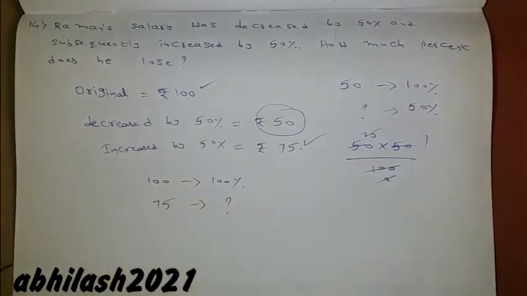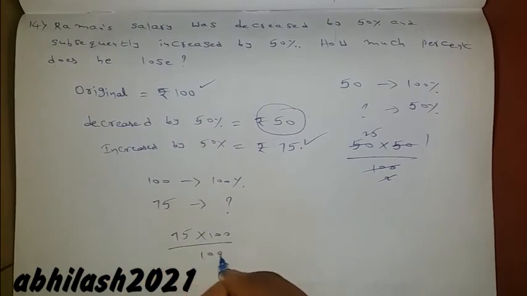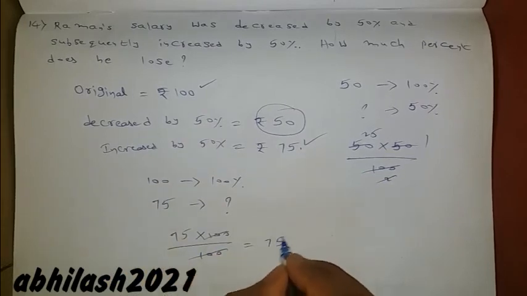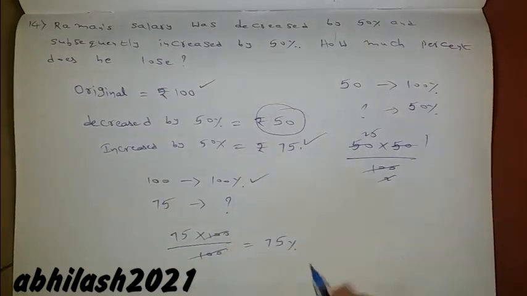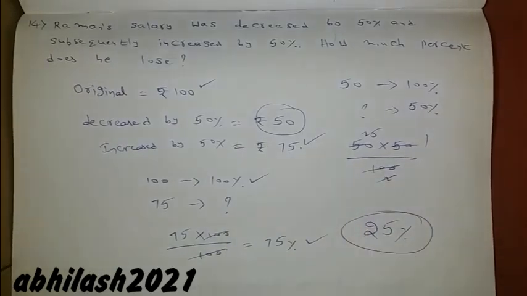How much percentage is this? 75 into 100 divided by 100, 100 cancels, so that is 75 percentage. In the beginning it is 100 percentage, now it is 75 percentage. So how much percentage decreased? That is 25 percentage. So his salary is decreased by 25 percentage.